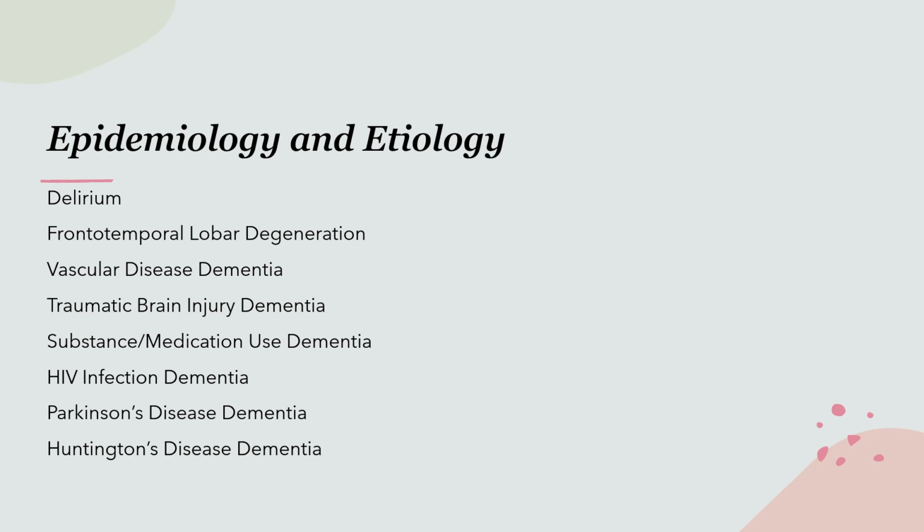Okay. So pretty much all of these right here, it's all the same thing. It's still dementia, but what is the cause? Is it frontal lobe damage, vascular damage, traumatic brain injury, substance use, HIV, Parkinson's, or Huntington's? So it's just all the same thing, but the root of why is what makes these different.